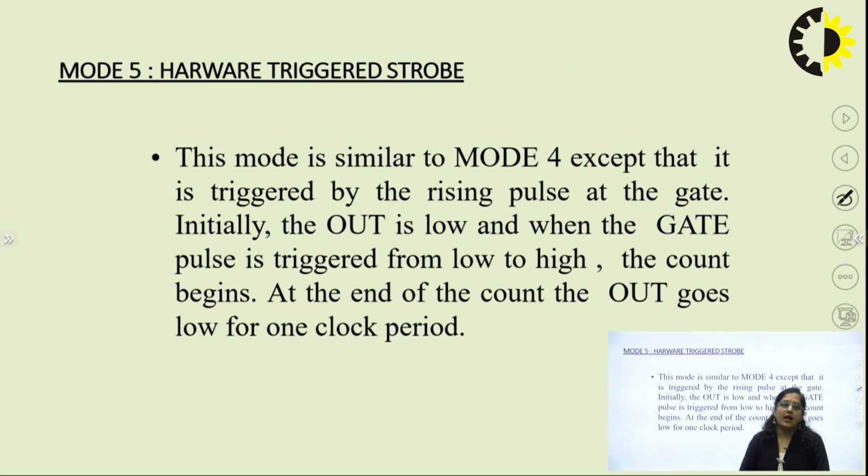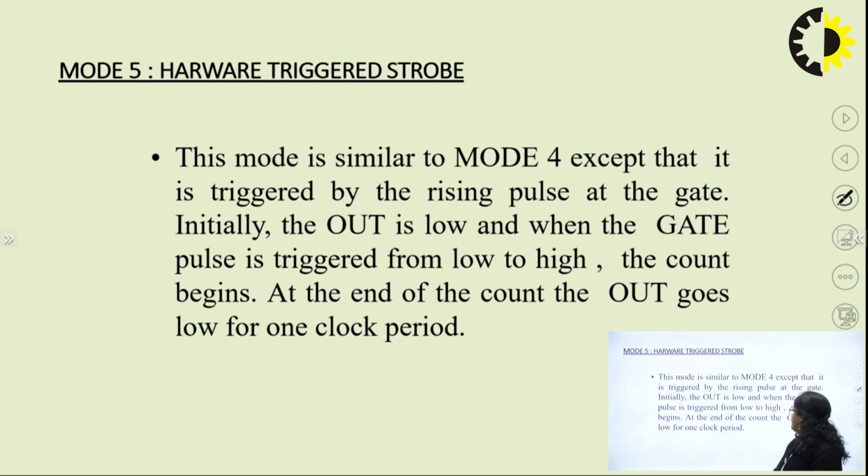Mode 5 is a hardware trigger mode. This mode is similar to mode 4, except that it is triggered by a rising pulse at the gate pulse. So when we need to control the functionality of our counter from an external source, then the gate pulse comes into the picture. Whenever the gate signal is high, only then the counter will start counting and the output is low.